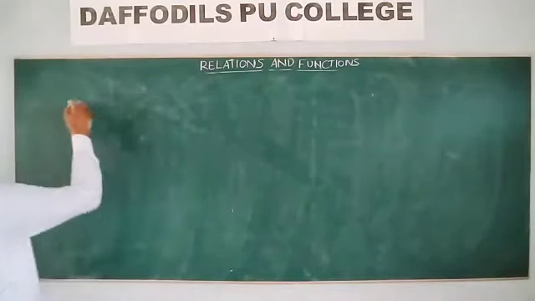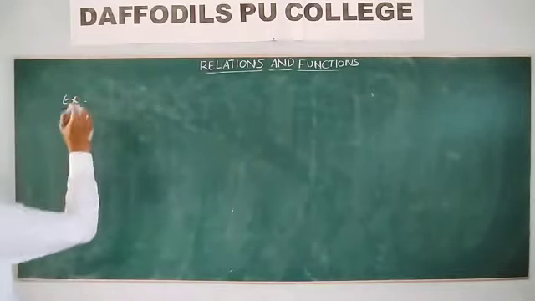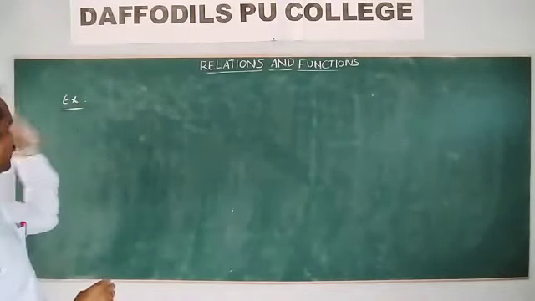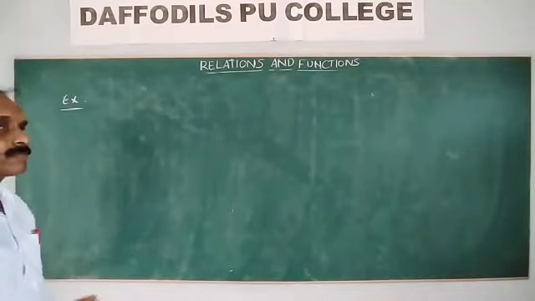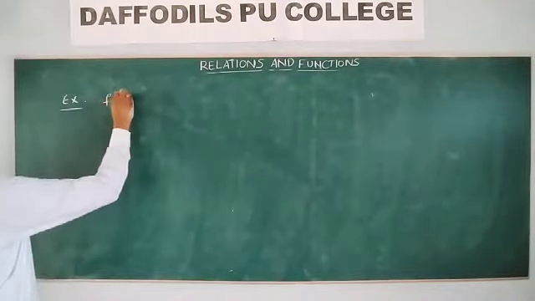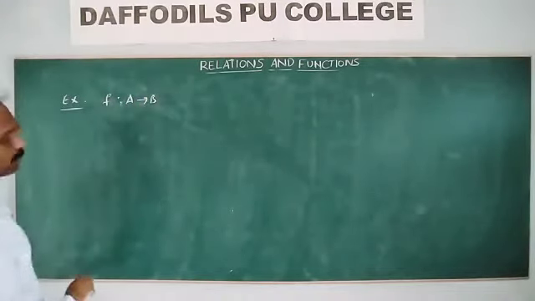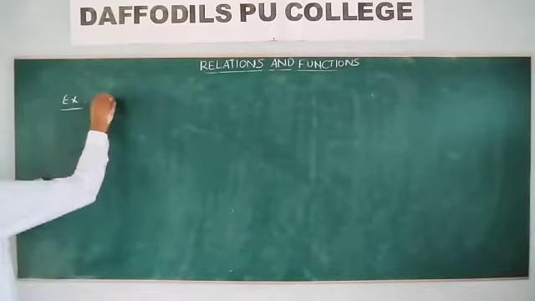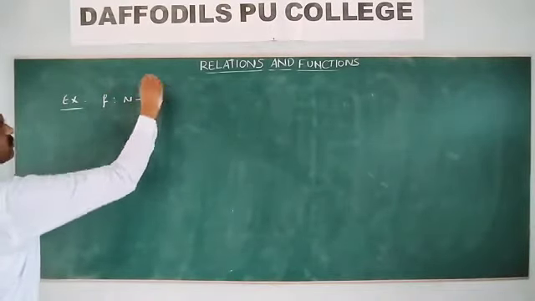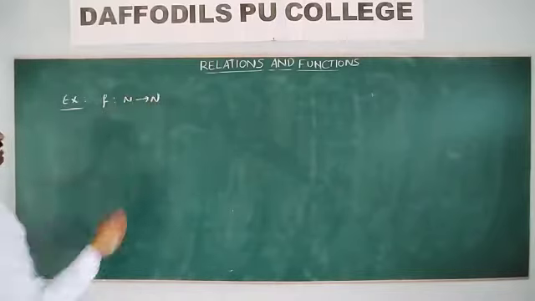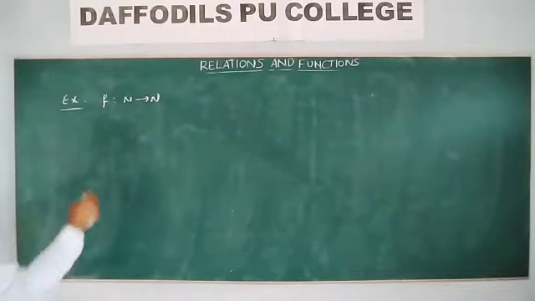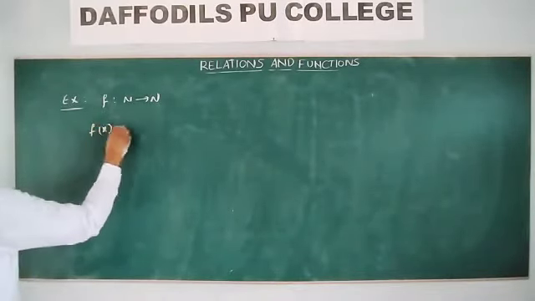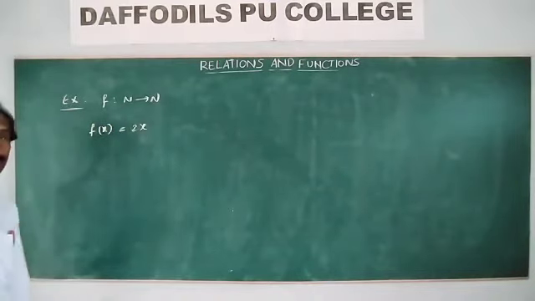Okay, for example, f maps N to N, natural numbers to natural numbers. f of x is equal to 2x.